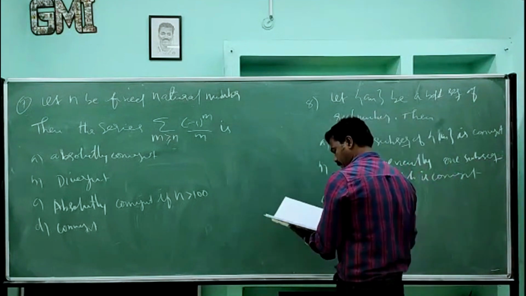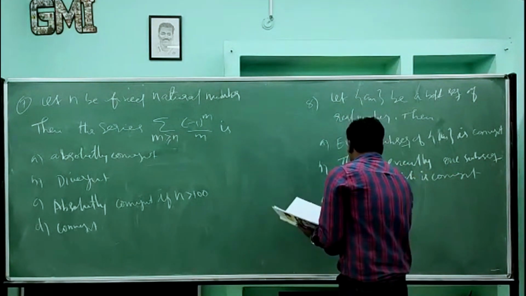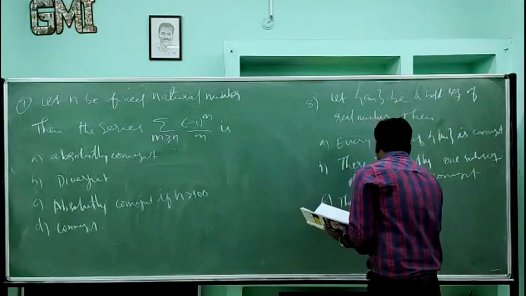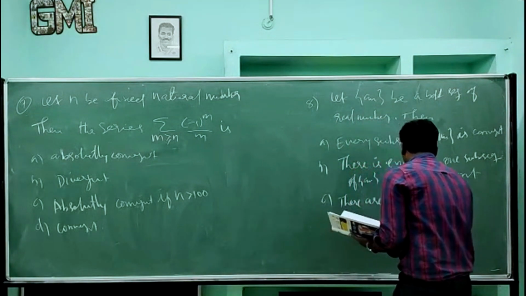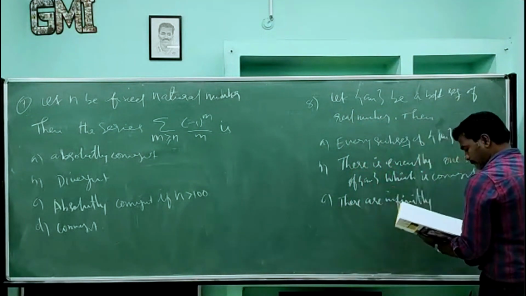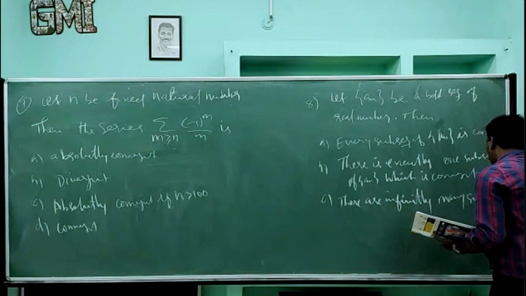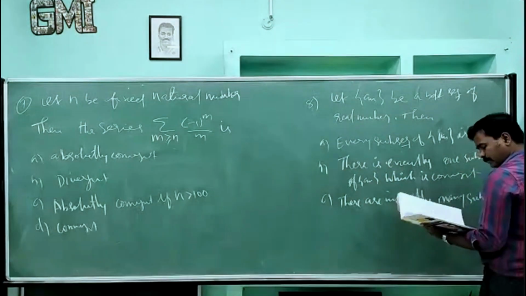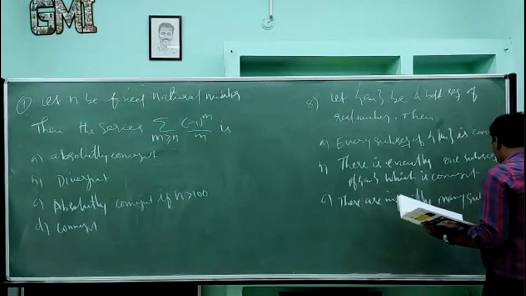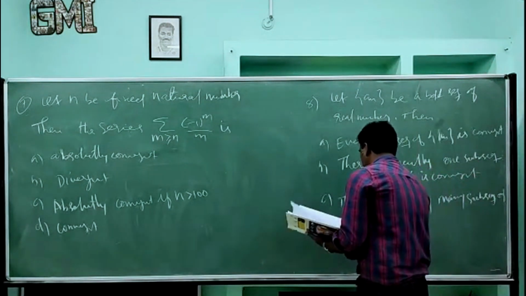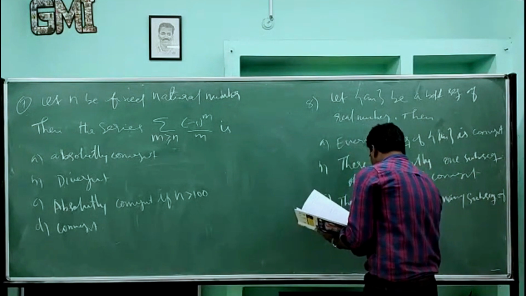Option C: there are infinitely many subsequences of a_n which are convergent.